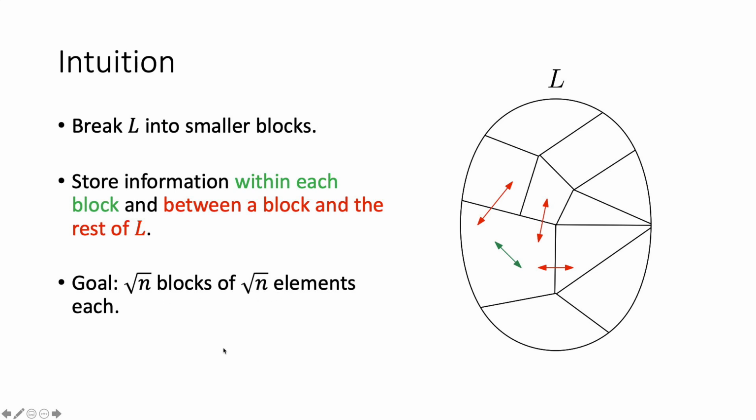We get n root n space. Similarly, we can also store the information between a block and the rest of the lattice. Since there are only square root n blocks, we can use a whole linear amount of space per block to store this. So that would make things very nice. Unfortunately, we won't be able to arrive at this decomposition exactly.